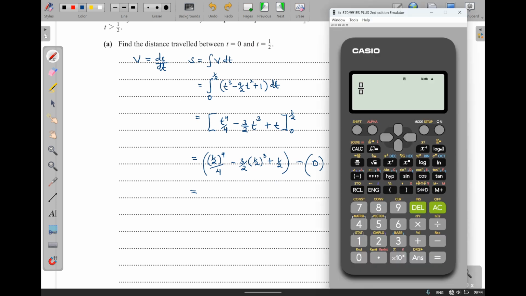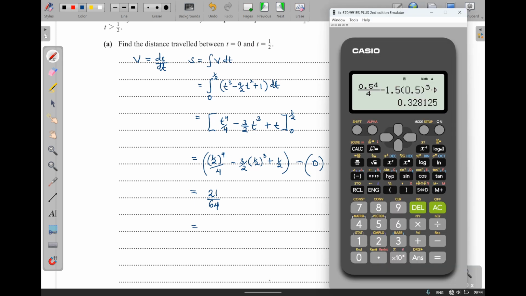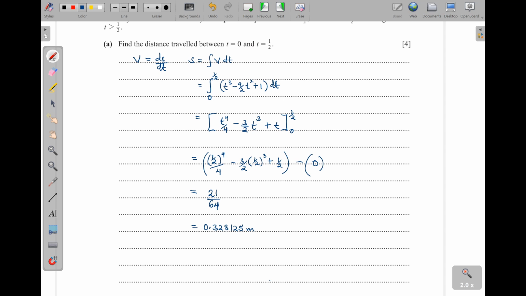A half is 0.5, so 0.5 power 4 divided by 4, then minus 1.5 times 0.5 power 3, then plus 0.5. This gives us 21 out of 64. You can even write it as a decimal, 0.328125 meters. As simple as that.